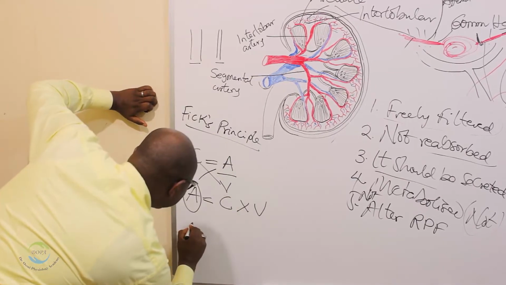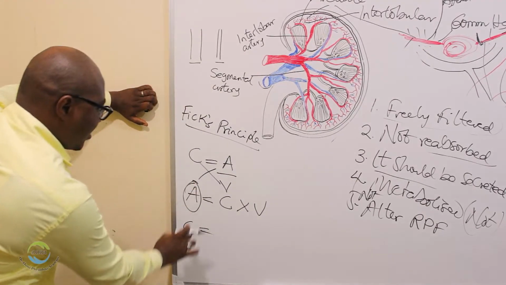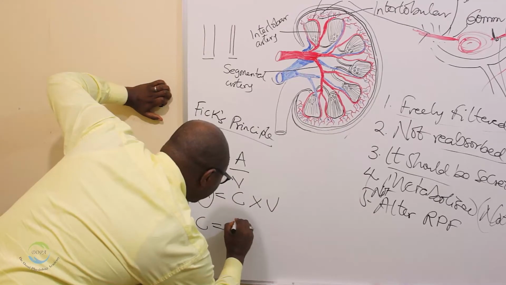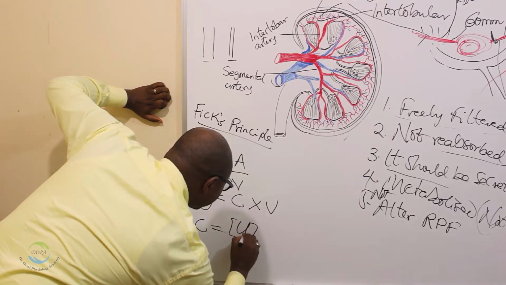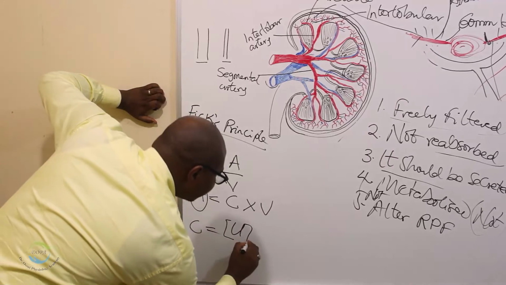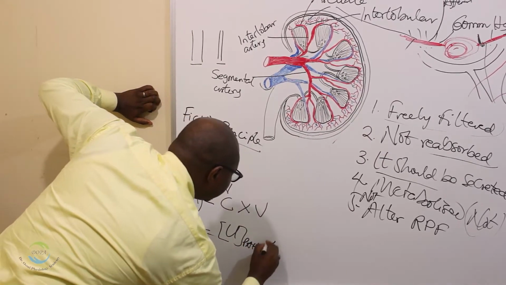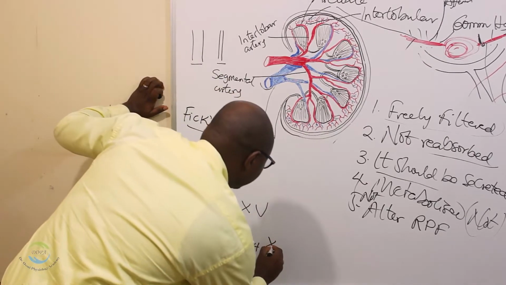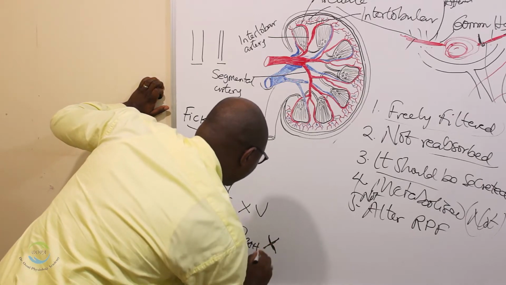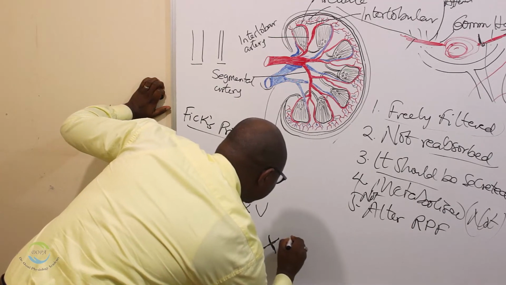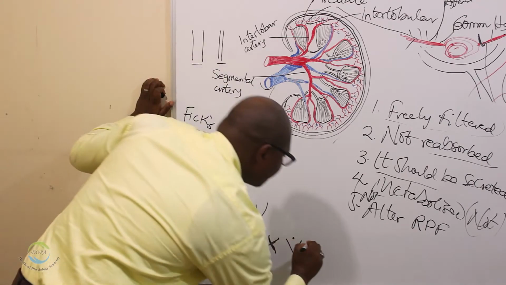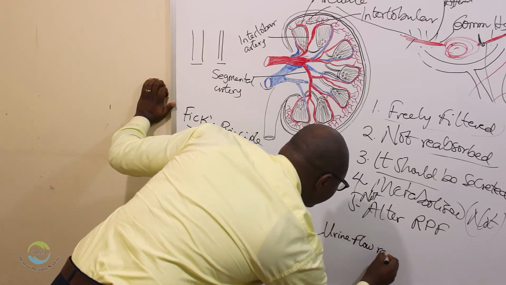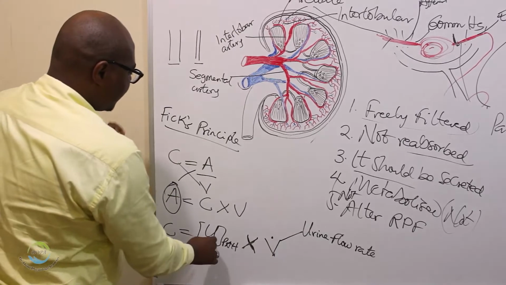Okay, so that clearance, C, will be equal to the urine concentration. We use this symbol, urine concentration of PAH, okay, times the volume of urine that is formed. So we use this. It's known as urine flow rate. Urine flow rate. Okay?